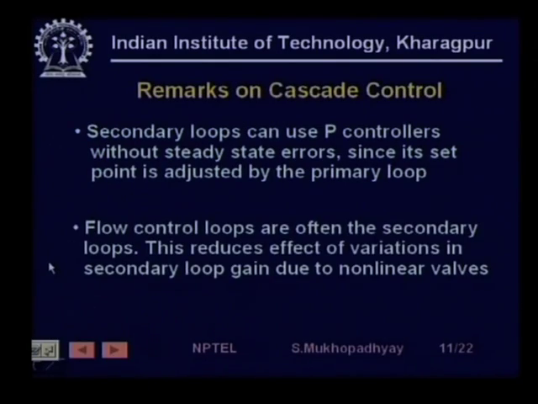The second point is that flow control loops are often secondary loops, and there is also a significant advantage because these flow control devices, called valves, are sometimes very significantly nonlinear. So, something which is nonlinear means what? All the time we have various nonlinear systems and we are trying to analyze them using linear control theory.